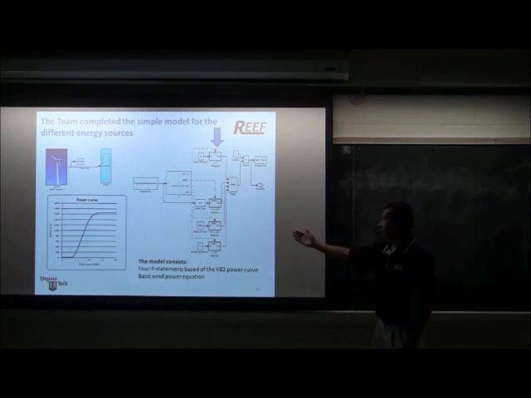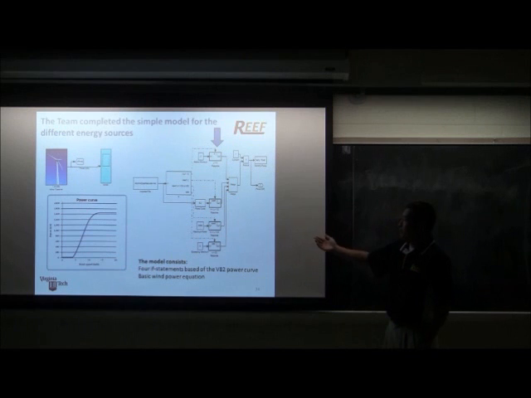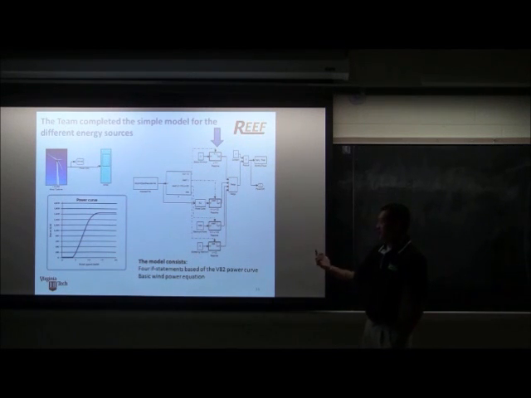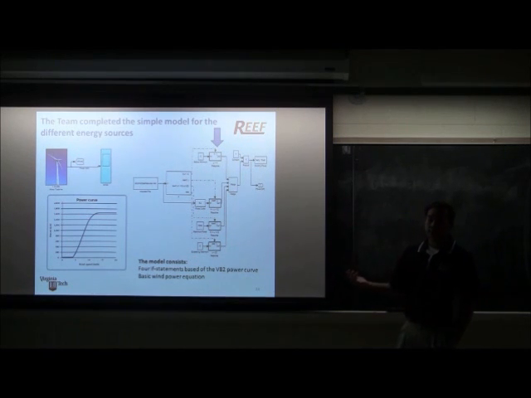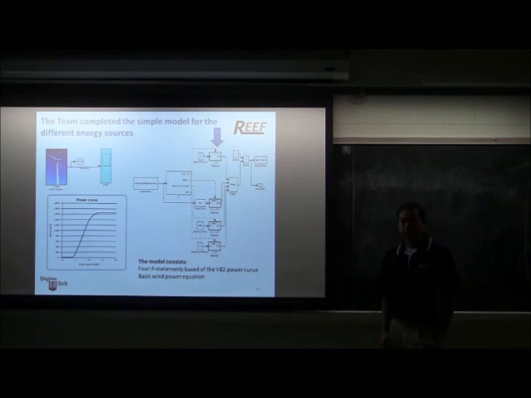And then the third block states when the maximum rated power will be generated, which is from 12 to 22 meters per second. And then the final block incorporates the cutoff speed, which states when the wind turbine will turn off if the wind speed exceeds 22 meters per second.